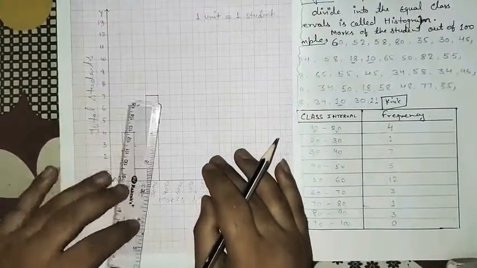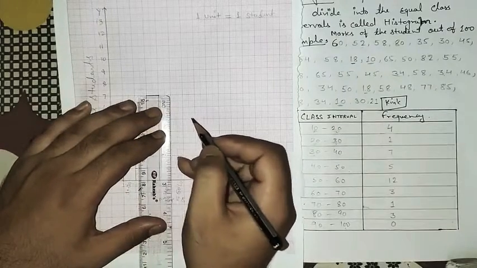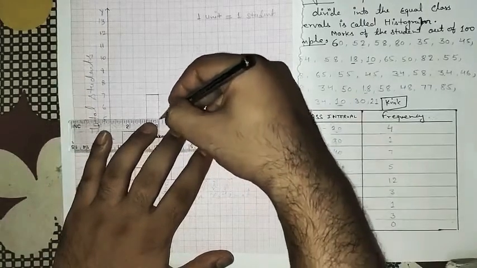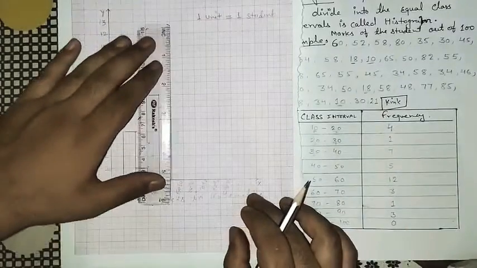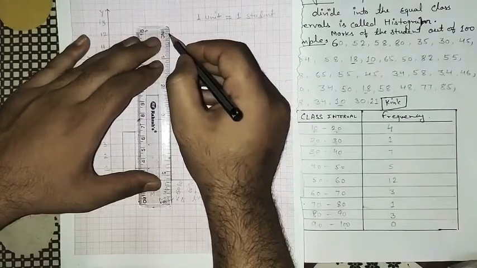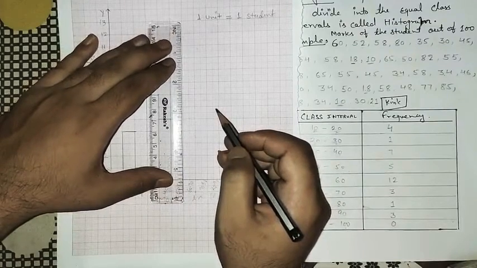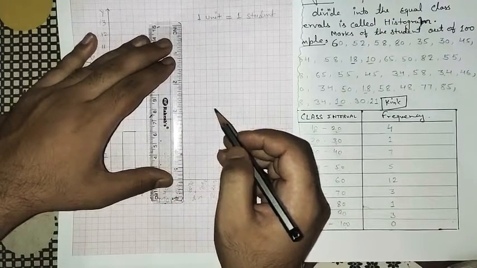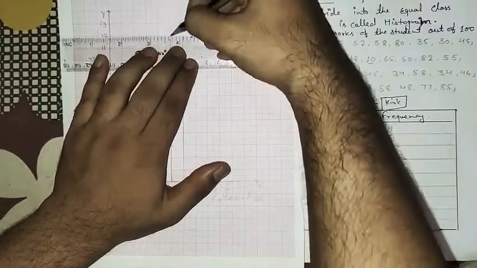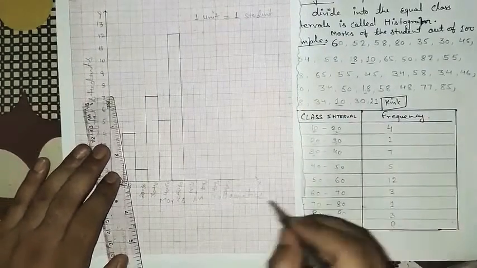Then 5, then 5, then 12, then 3, and 60 to 70.